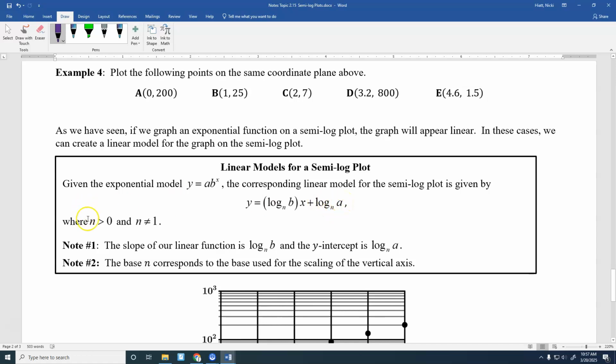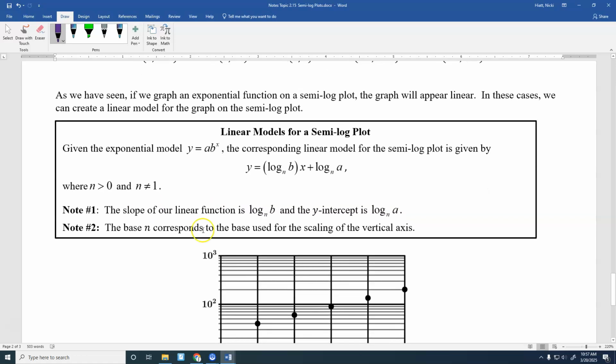And for this, n has to be greater than 0 and cannot equal 1. The slope of our linear function is log base n of b, and the y-intercept is log base n of a. The base n corresponds to the base used for scaling of the vertical axis, which is most of the time 10, but could be a different number.